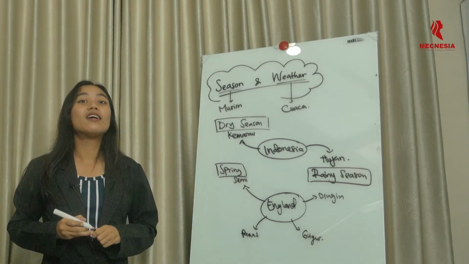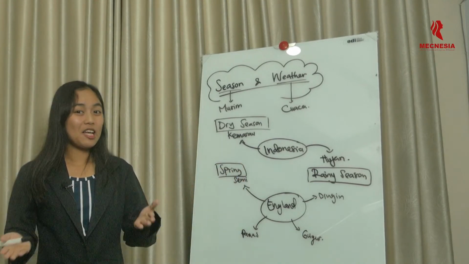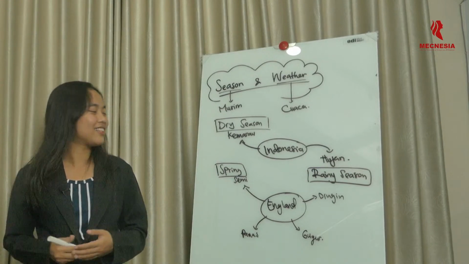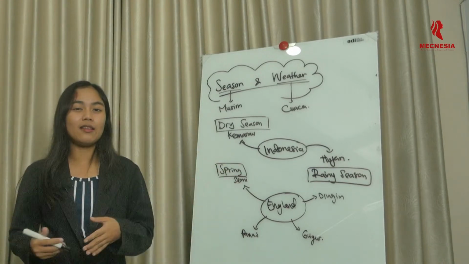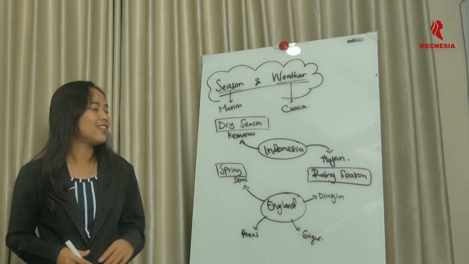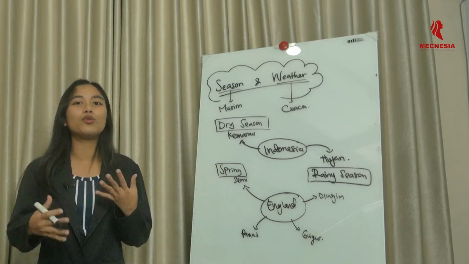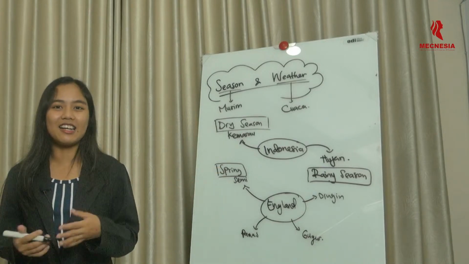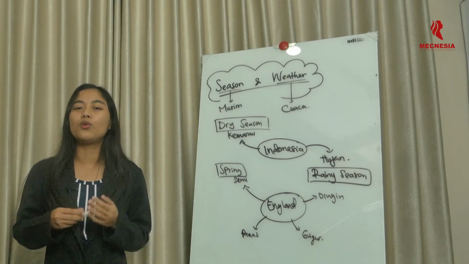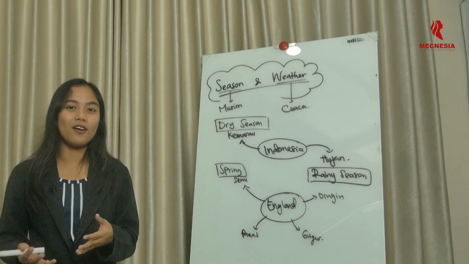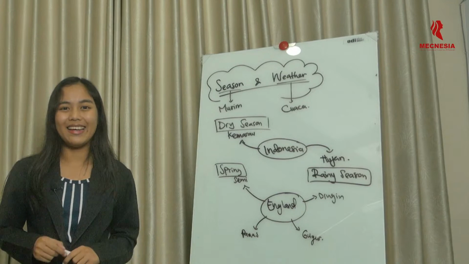Let's say it with me. Spring. One more time. Spring. Okay, usually in spring, the weather is really fresh. Jadi biasanya ketika spring, itu cuacanya sangat fresh, sangat segar. And it's also usually warm. Biasanya juga warm, hangat, bukan panas.